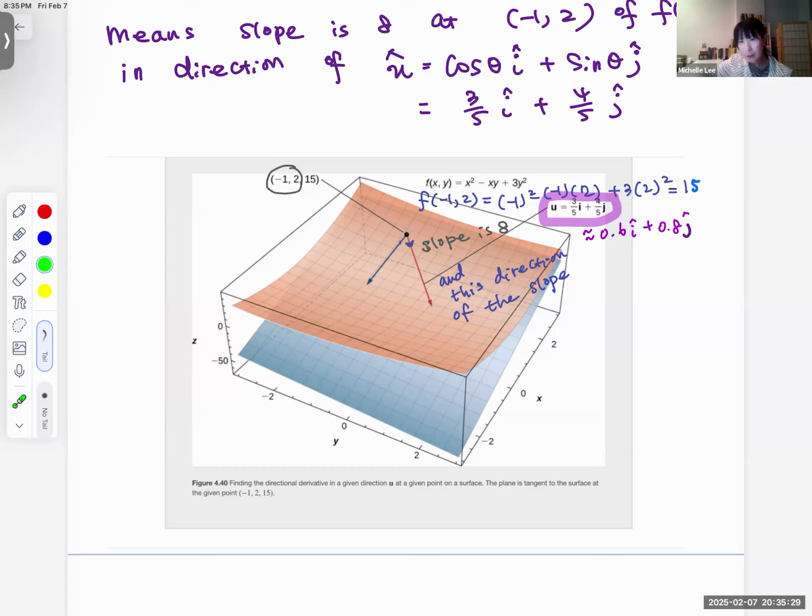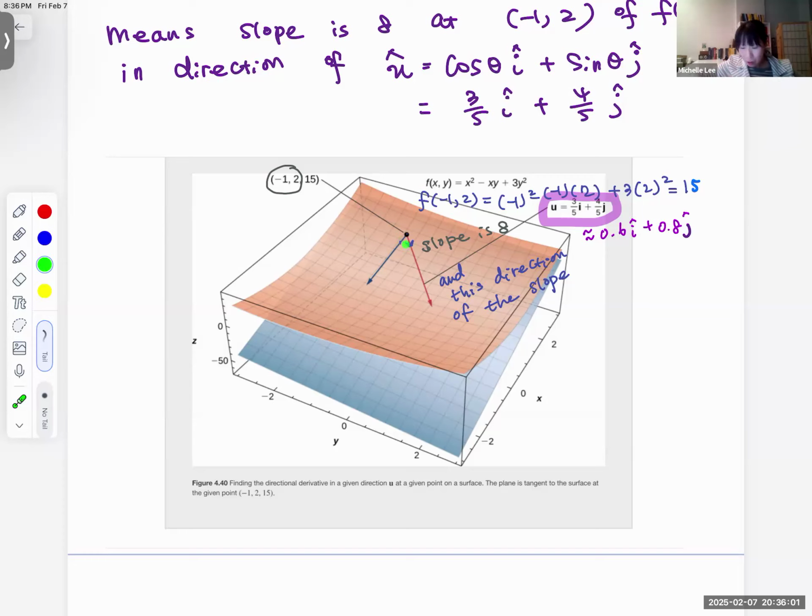The direction is u hat, which is 3 over 5 i hat plus 4 over 5 j hat. So that is approximately 0.6 i hat. From here, go 0.6 in the i direction, and then approximately 0.8 going to here.